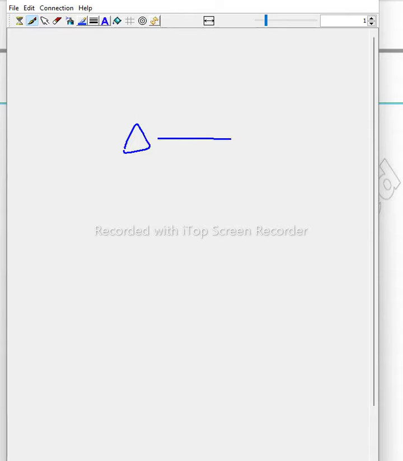The distance between here and A is 3 meters.